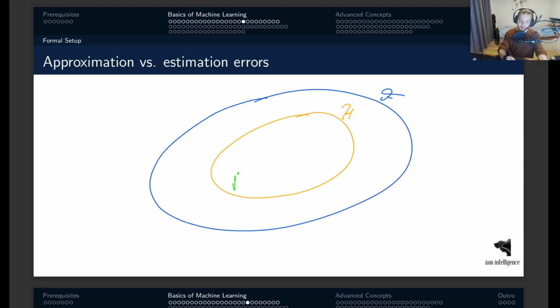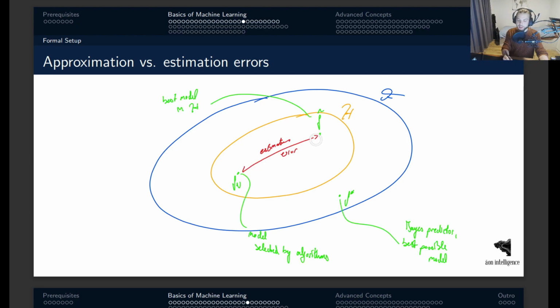The first one is Fn, the model that our algorithm finds. Then we have F tilde, the best possible model in the class of functions that we consider by using our set of algorithms. And finally, there's F star, the Bayes predictor, the best possible model overall.